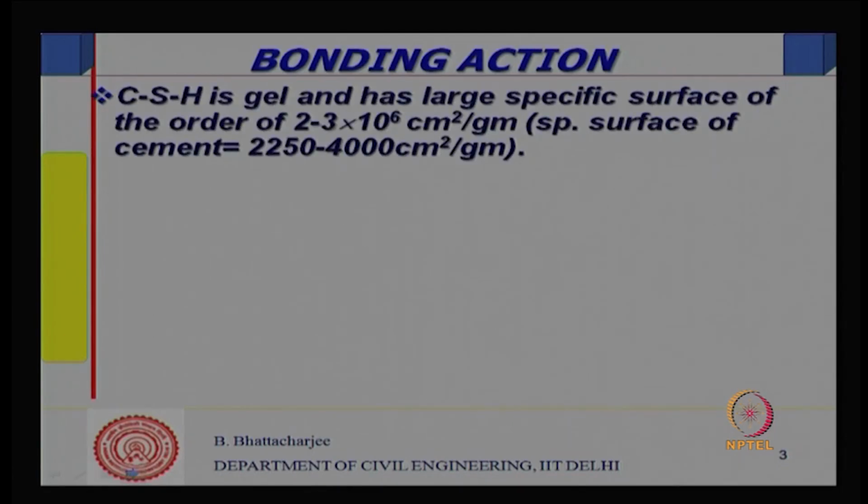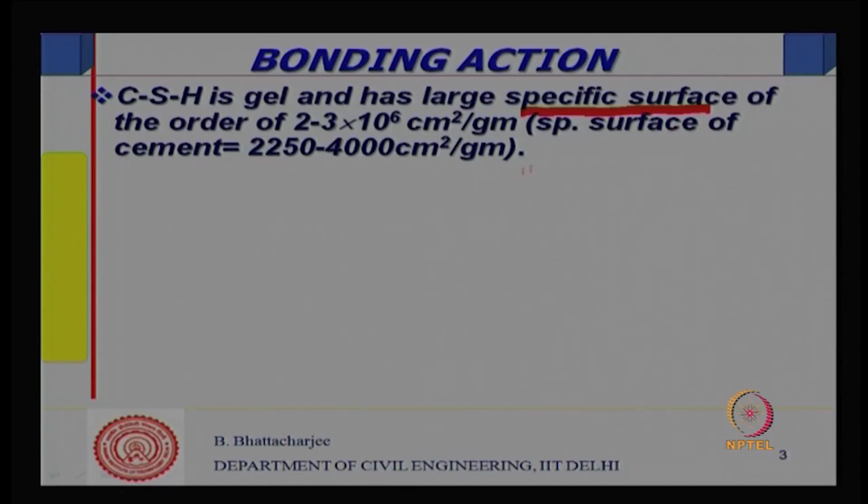Now, last class we were mentioning that C-S-H gel has large specific surface. It has a gelatinous structure and large specific surface, and the order of this specific surface is 1000 times more than that of the cement.